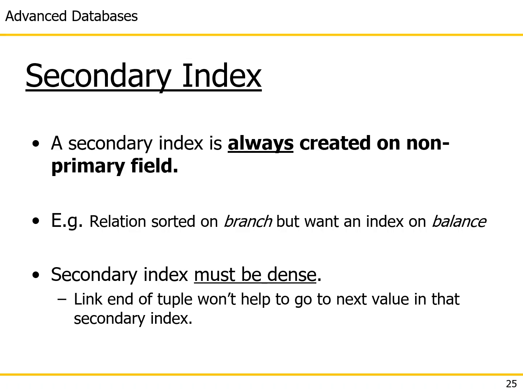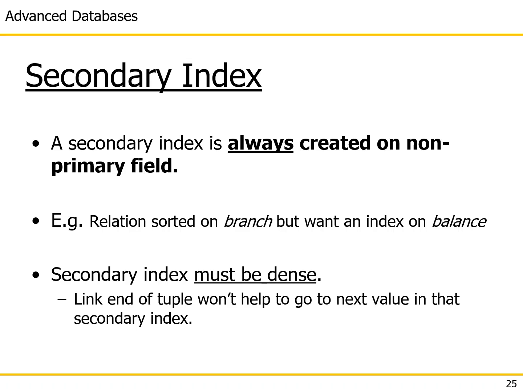But now if you go to a column that is not used to sort the data, the values in this column will be scrambled. You will see 10, then 5, then 3, then 20, then 23, then 7, then 9. Okay? Because this is not the column used to sort the data. So the assumption that there is a linear progression of values, which is used in the way the primary index, whether it's sparse or dense, works, that assumption doesn't hold anymore.